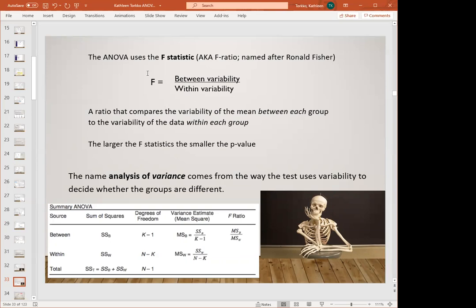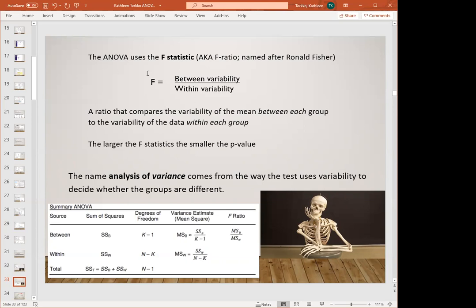The larger the F statistic, the smaller your p-value. So the larger your between variability, the larger your numerator, the larger your F statistic will be. The larger the variability within the group, the larger your denominator, and the smaller your F statistic will be. So the name, analysis of variance, comes from how it judges and tests the variability in your data.